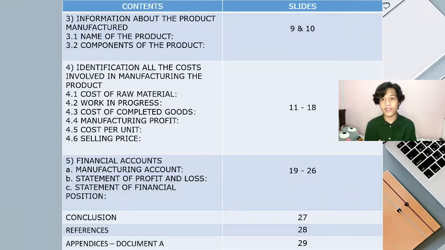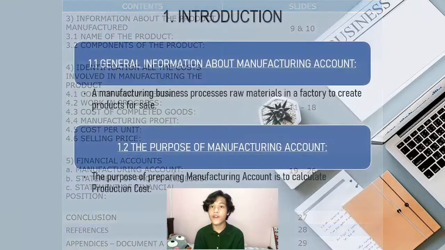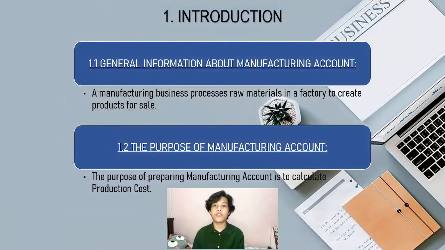Without wasting any more time, let me briefly explain to all of you about manufacturing account. What is manufacturing account? A manufacturing business processes raw materials in a factory to create products for sale. Typically, the manufacturer sells these goods as finished products to a wholesaler or retailer, or as partially finished products to another manufacturer.